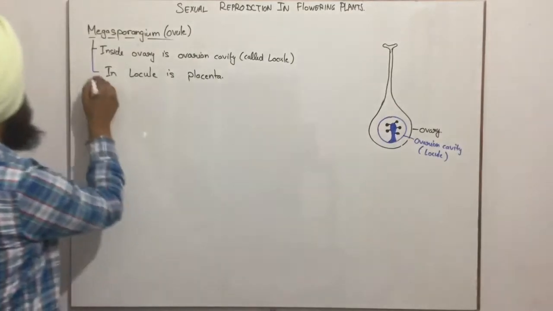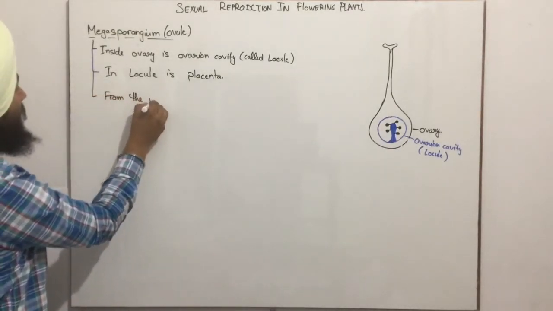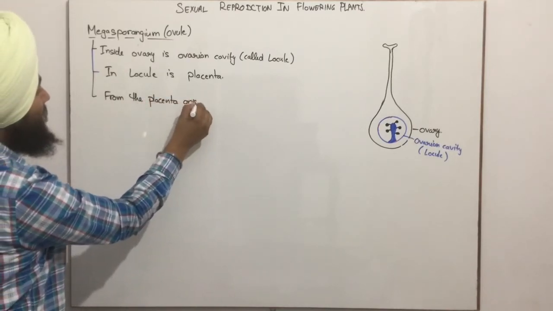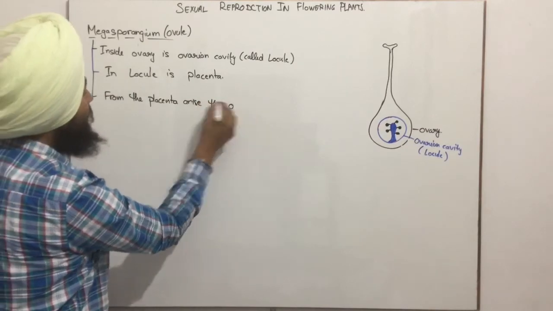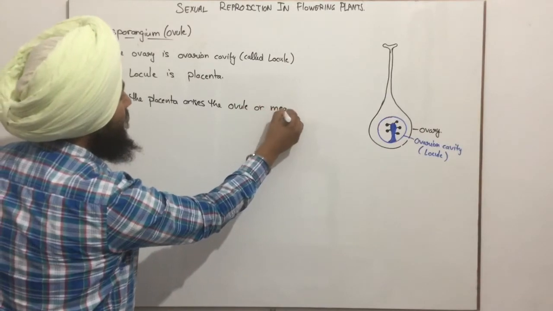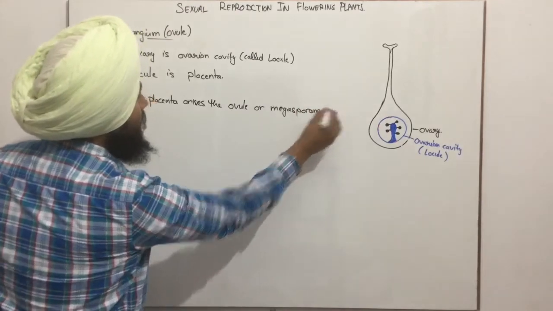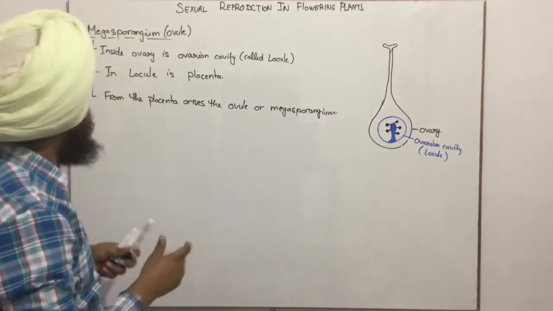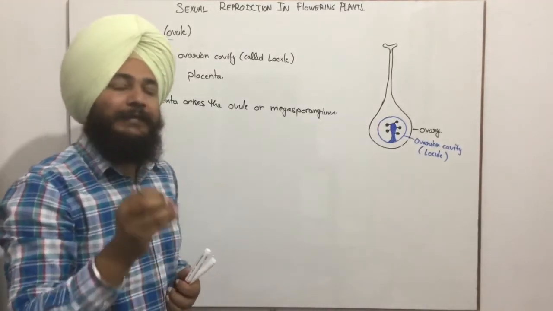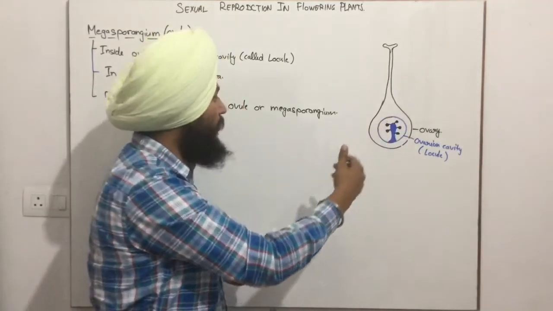So from the placenta arises the ovule or megasporangium. Now in the ovary there can be one ovule or there can be more ovules.